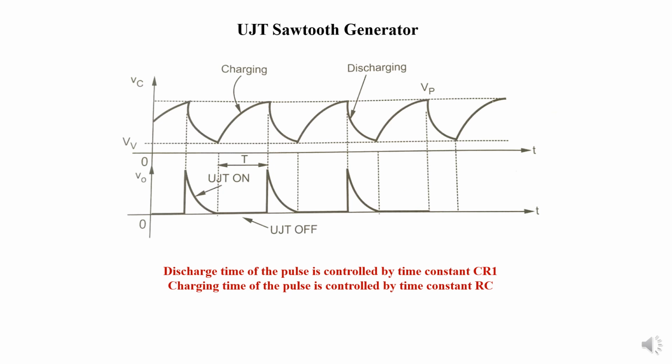Whenever the UJT is on, it discharges. Whenever the UJT is off, it maintains a stable state. The charging and discharging states of the UJT are largely controlled by the time constants of R1C and RC. This is all about the UJT sawtooth generator. Thank you.